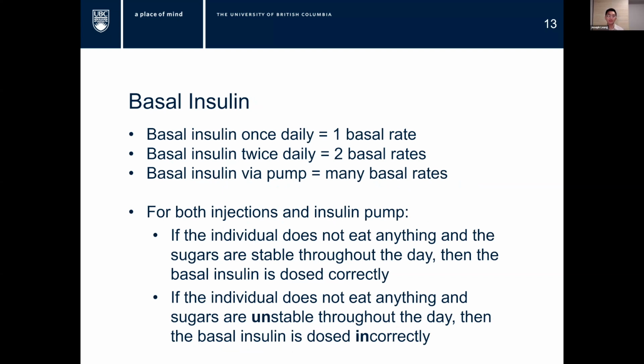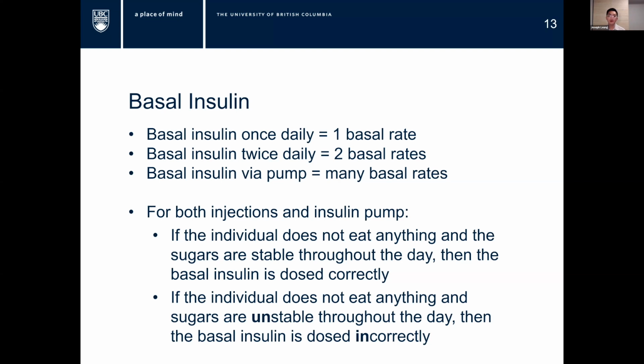That basically means that they're getting 1 unit per hour, and we can't really modify that. We can't say, between the first 12 hours we want to give 1.2 units, and the last 12 hours we want to give 0.8 units. No, we can't do that with insulin injections if we're giving basal insulin just once a day like that, because that's not how injectable insulin works.